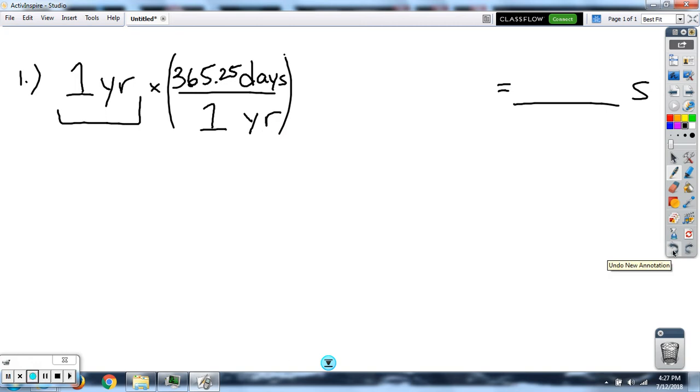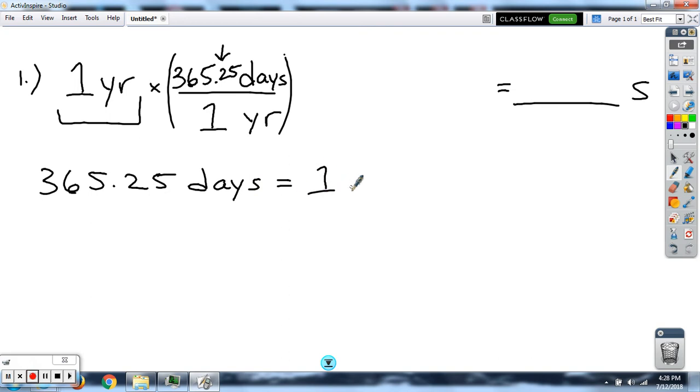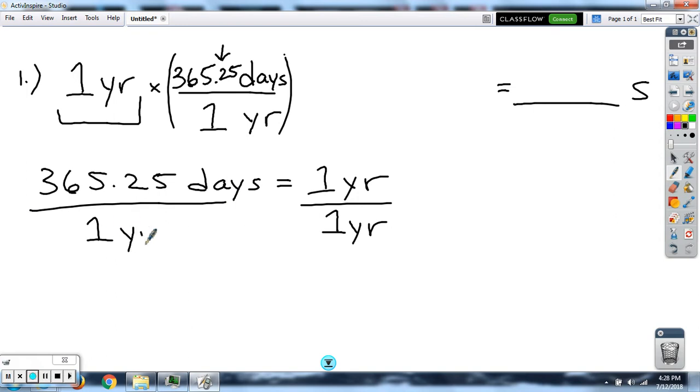But this ratio isn't just a number. It's equal to 1 because the quantity 365.25 days is equal to 1 year. It's very important. So if we divide both sides by 1 year, on the left you get the ratio that we see above, and then this is equal to 1.